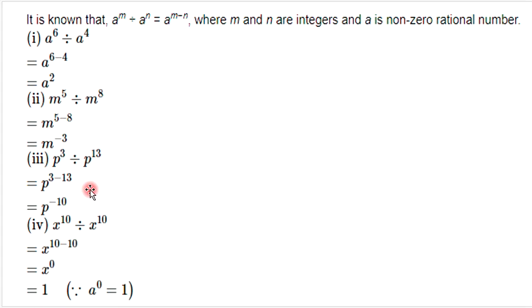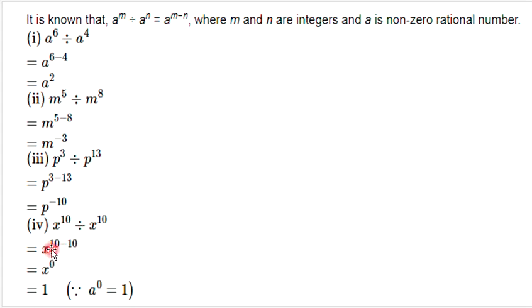Similarly, simply subtract the exponents in this case. Here, particularly sum number 4, we have x raised to 10 divided by x raised to 10.